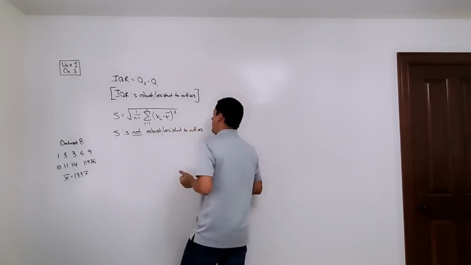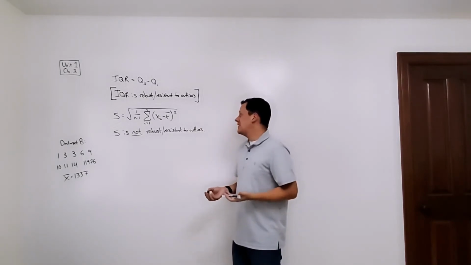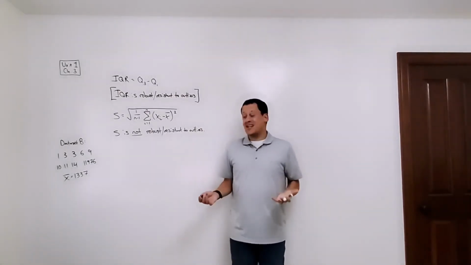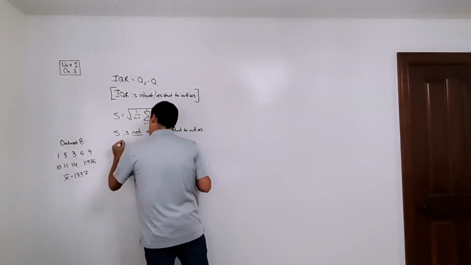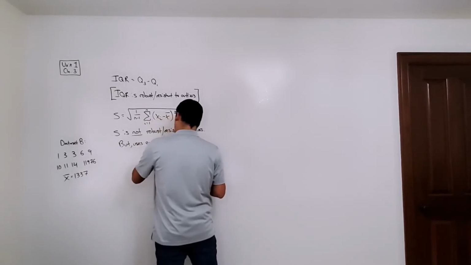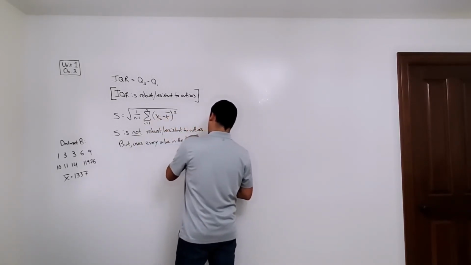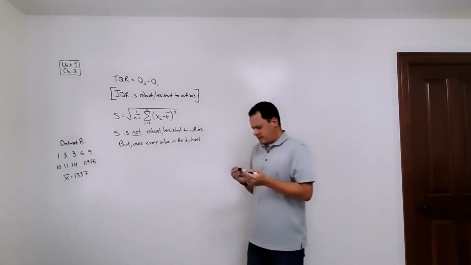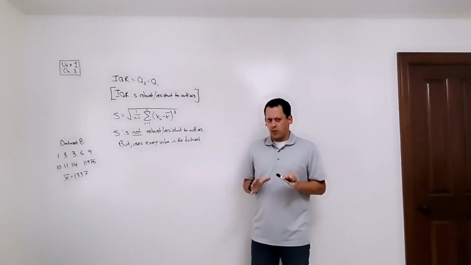And that's bad because we would like to use standard deviation all the time because it does use every value in the data set. So I feel like we've had this argument before.